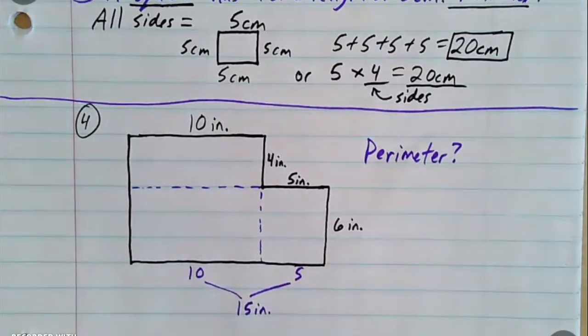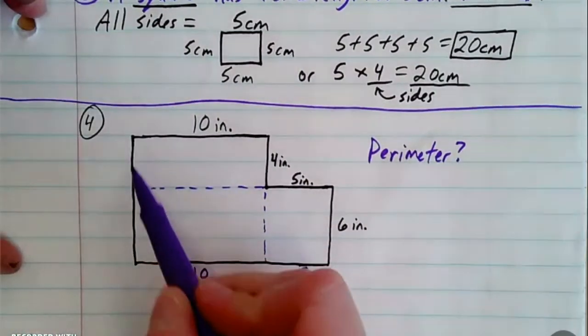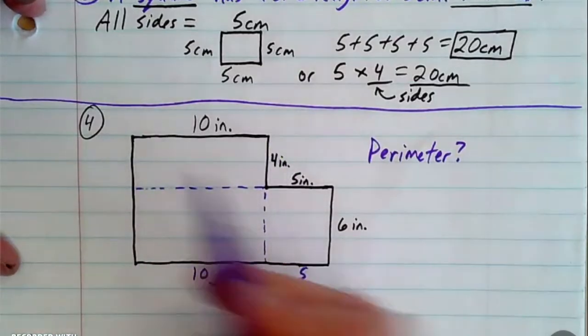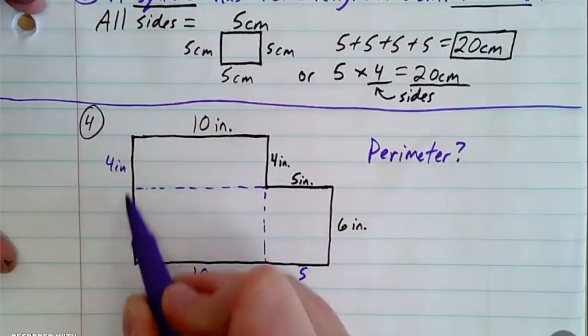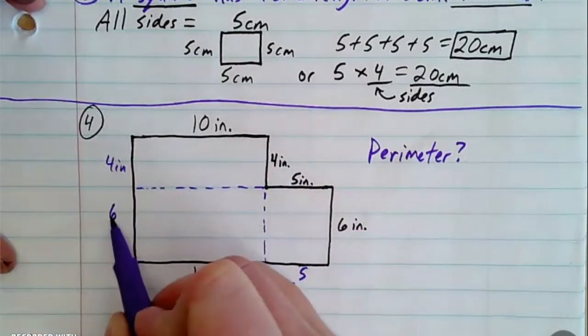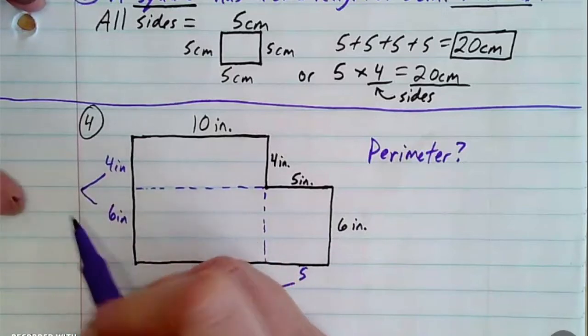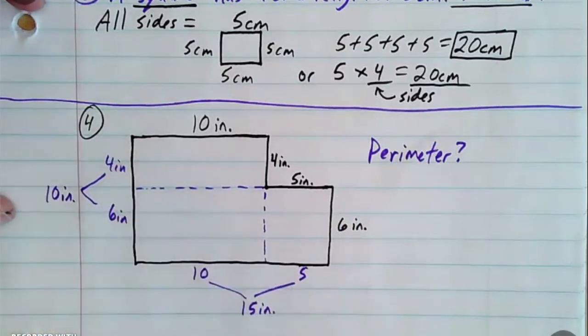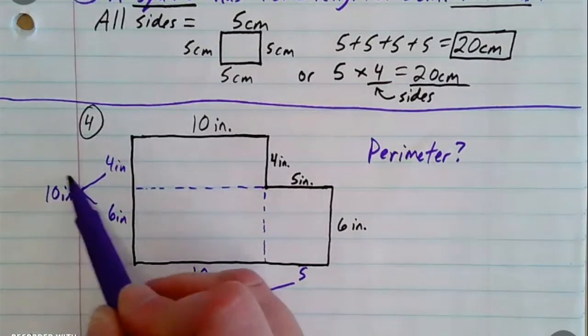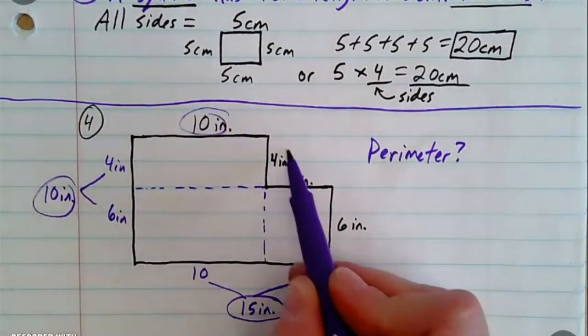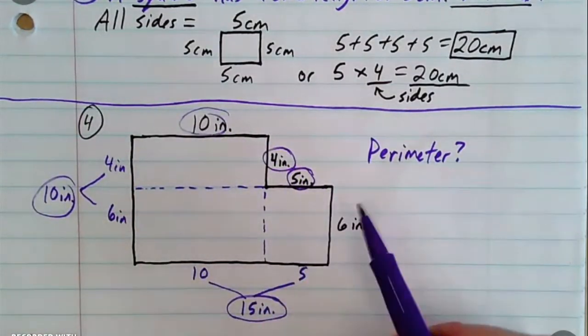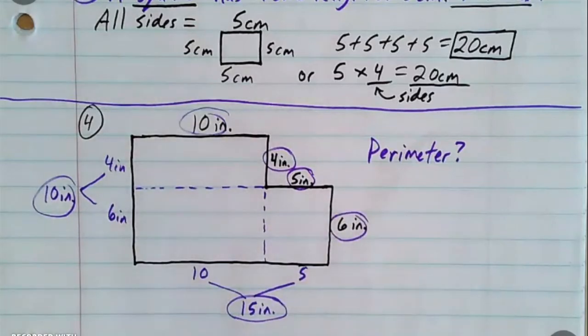You could do the same thing with this side. What do I know about the first 2 lines? I saw that over here. The first 2 were 4. And I knew the next 3, same as over here, were 6. And 4 and 6 makes 10 inches for the left. So how do I find the perimeter? You need to make sure you're adding the bottom, the left, the top, this coming down, this going over, and this here, so that you can add each side.